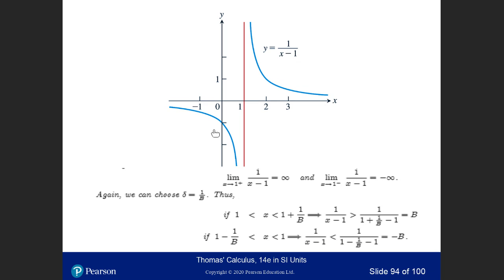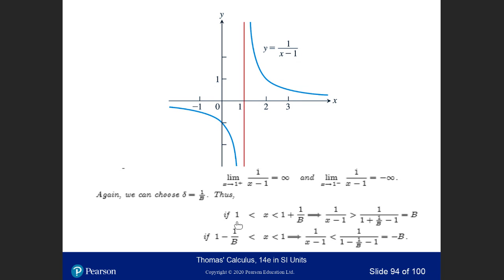If x approaches 1 from the left-hand side, then x minus 1 is a negative number because it's approaching from the left-hand side, and I can choose again 1 over b as delta and find an interval around 1 so that my function is less than minus b. So let's do it algebraically.